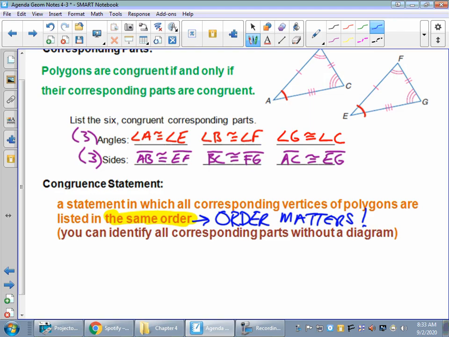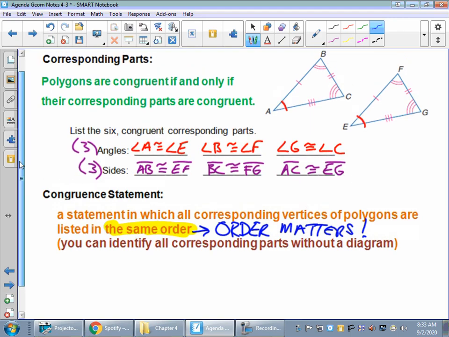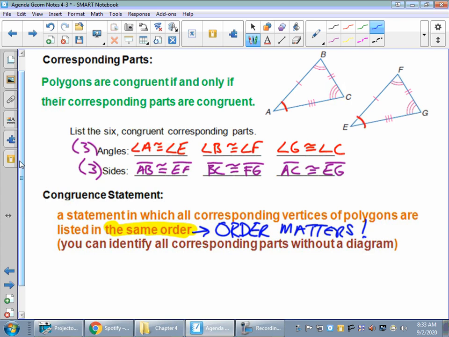For example, if you take a look at the triangles in our diagram up here, if I wrote a congruence statement and called the first one triangle CAB, and I'd say that's congruent to the other triangle, the order matters.